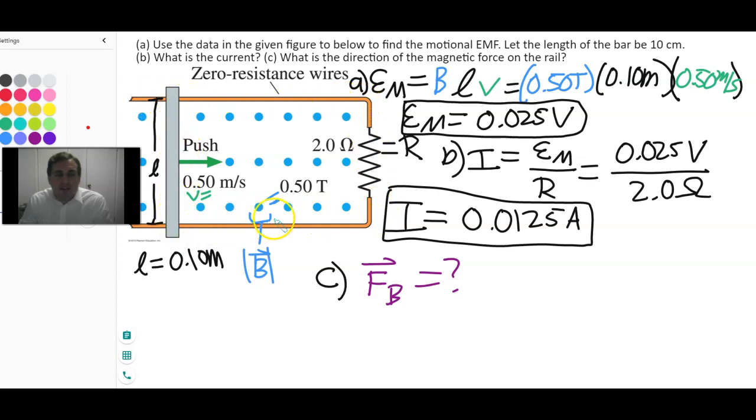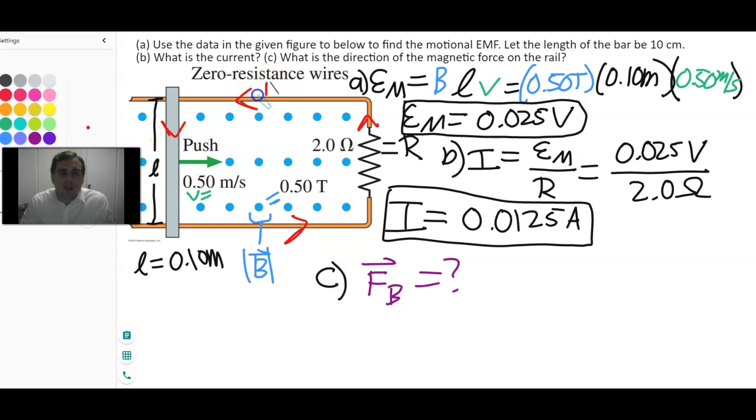Since the area is getting smaller, resisting the change means making this magnetic field that goes out of the page stronger. So the thumb would point out of the page by right-hand rule 2, and the fingers would rotate like so, which is counterclockwise as viewed from above. So the direction of the electric current would be counterclockwise.